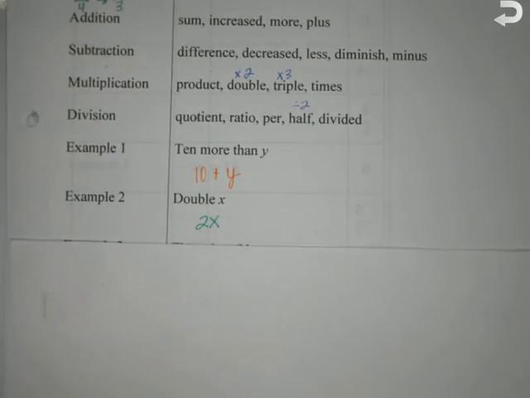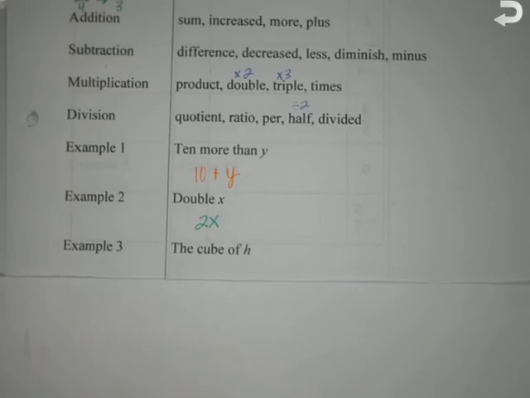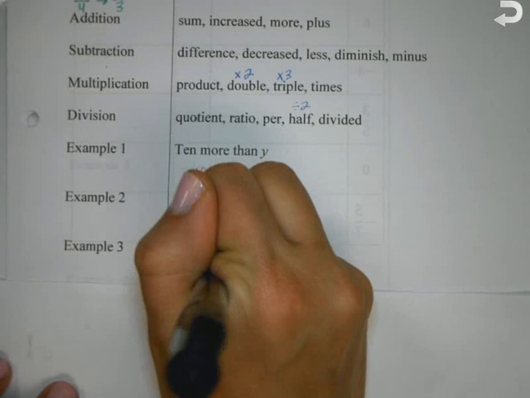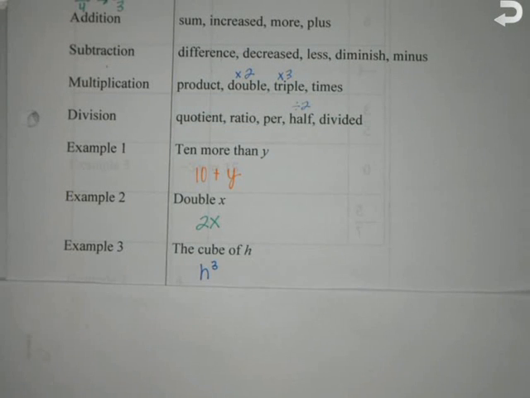Okay, moving right along. Example 3. The cube of h. Any ideas there? Anthony? H to the power of 3. Good job. H to the 3rd power. What would the square of h be? H to the 2nd power. Okay. Example 4. The quotient of f and 9.